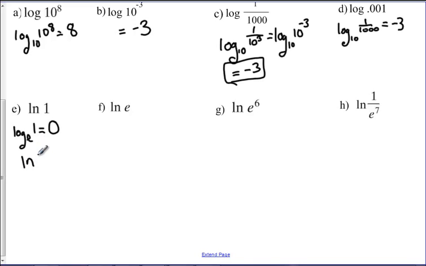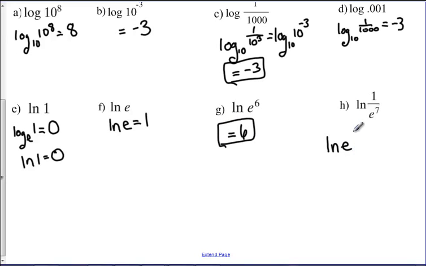So natural log of 1 is 0. The natural log of E is what? E to what power gives you E? Yeah, just 1. So for G, the natural log of e to the 6, e to what power gives you e to the 6? Yeah, just 6. All right, and I'll give you guys 20 seconds and let you do H.